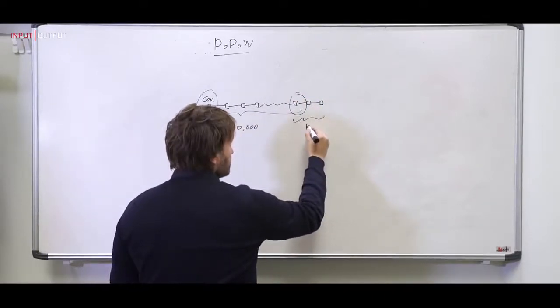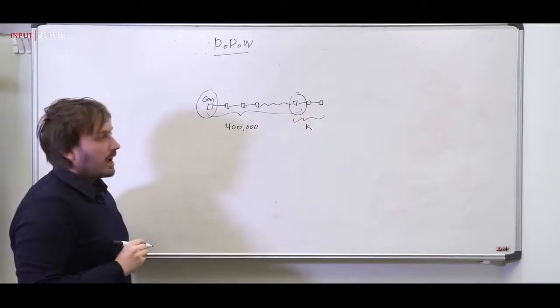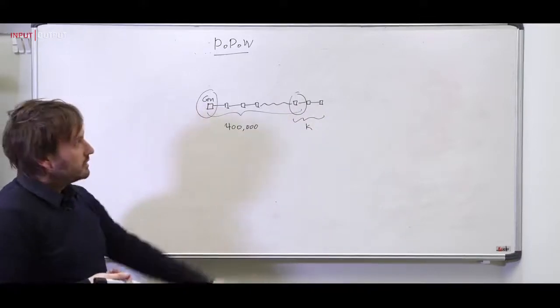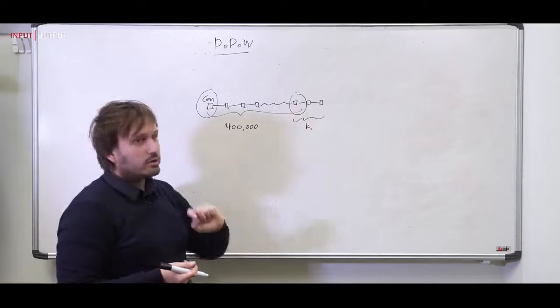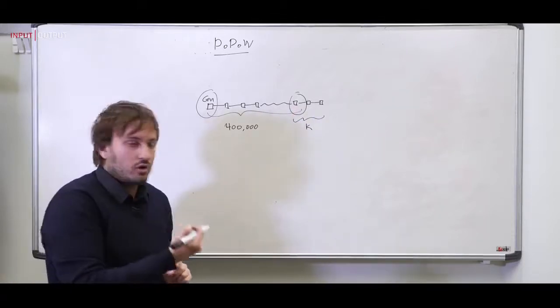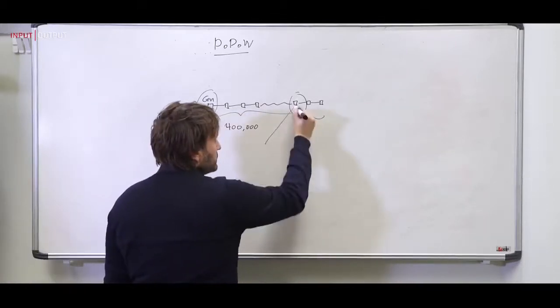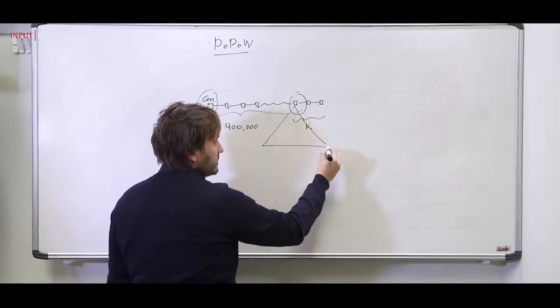So I want to say there exists a connection from Genesis to this block that is k blocks from the end. I also want to include in my proof the hash of this block so that I can show that a transaction was included in its Merkle tree.